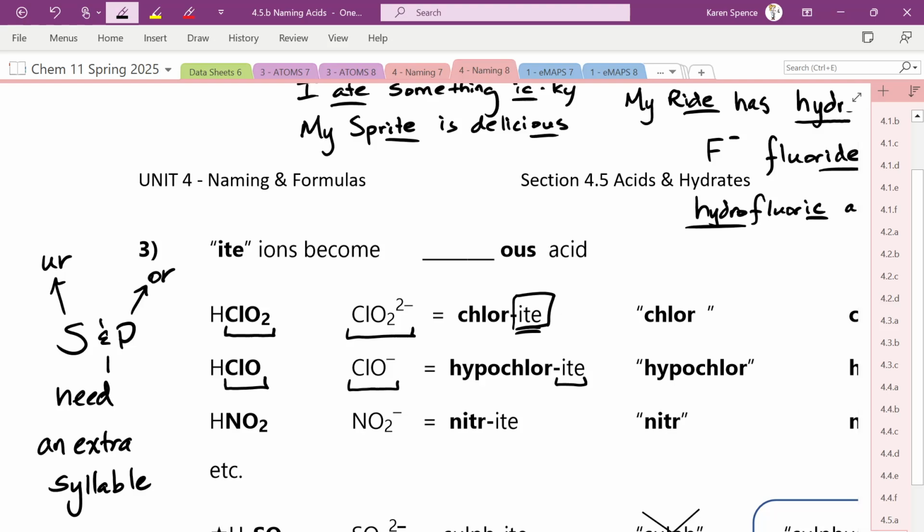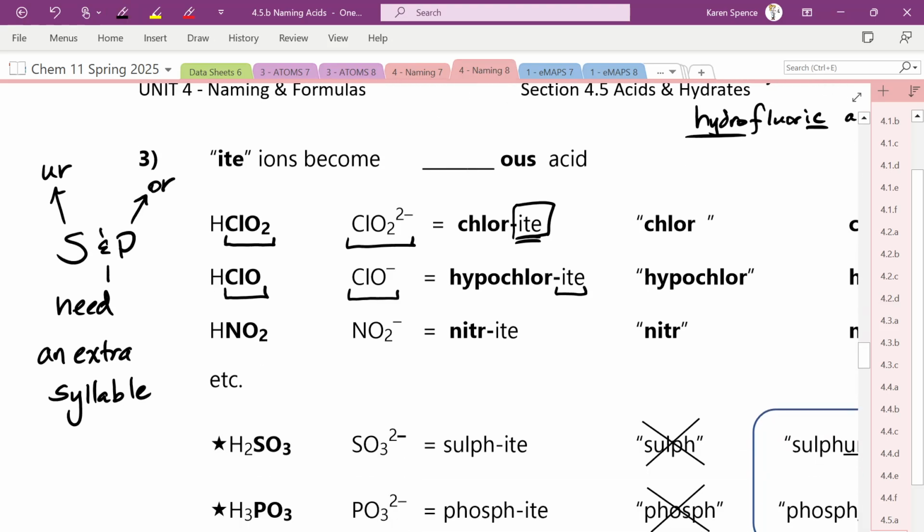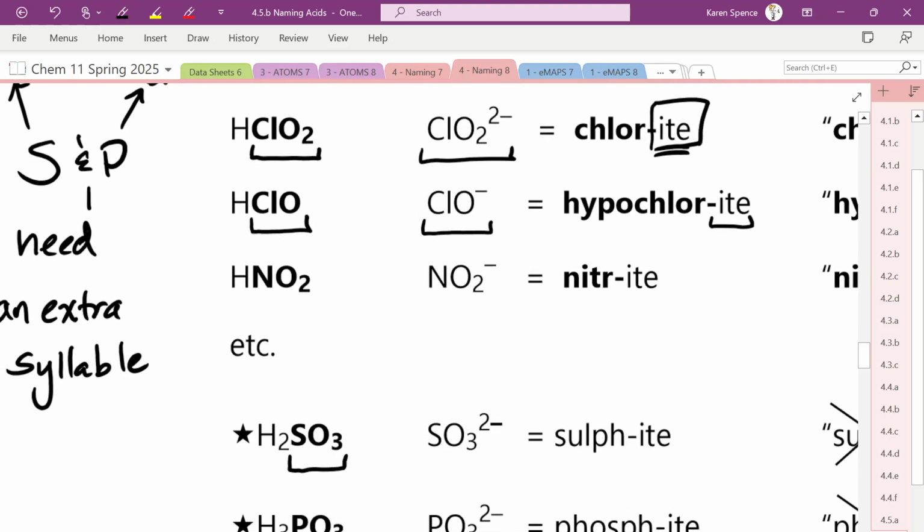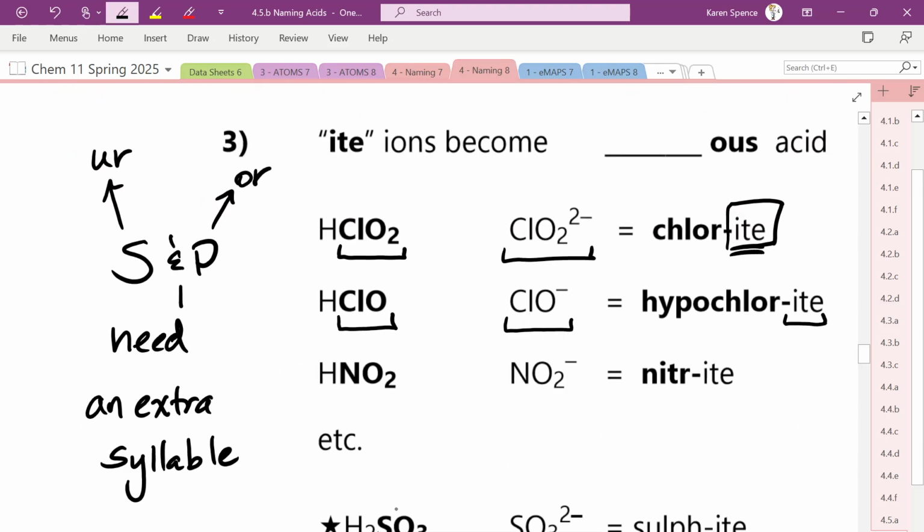Okay, so here's an example where we have this guy here. This is SO3 minus. Now that is the sulfite ion, and normally you'd be like, okay, I have ite. Let's just replace the ite with ous, and we'd get sulfous acid.